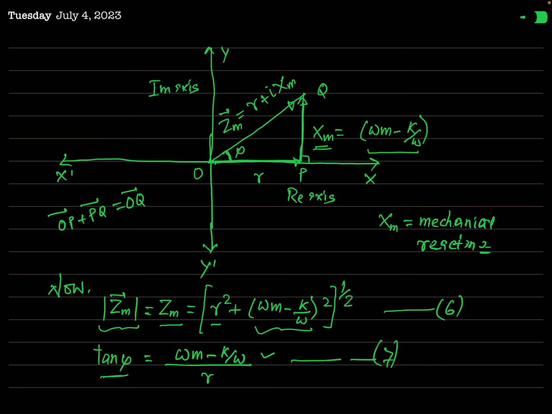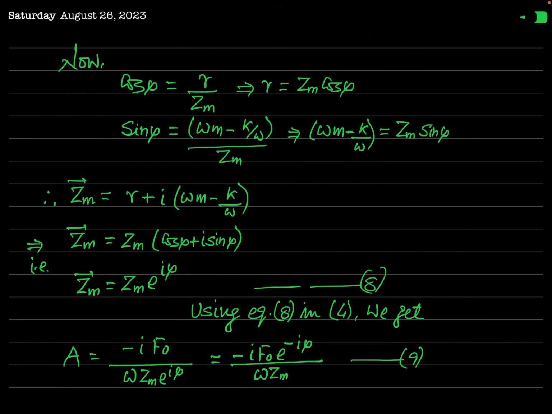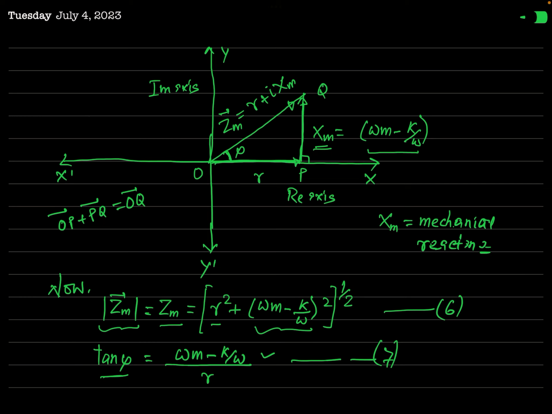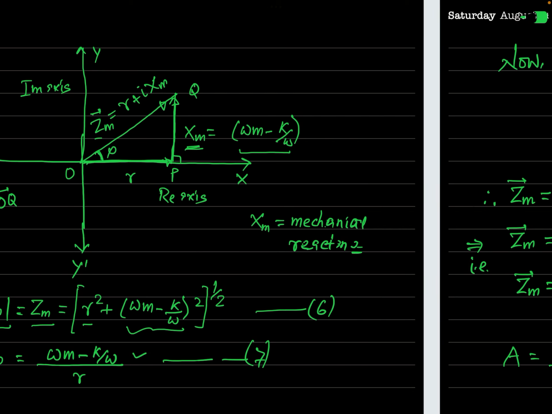Okay. Now, from this figure, you can see we can express this R, that is the real part, in terms of modulus of Zm and phi. And similarly, we can also define this Xm, or omega m minus k by omega, in terms of Zm.